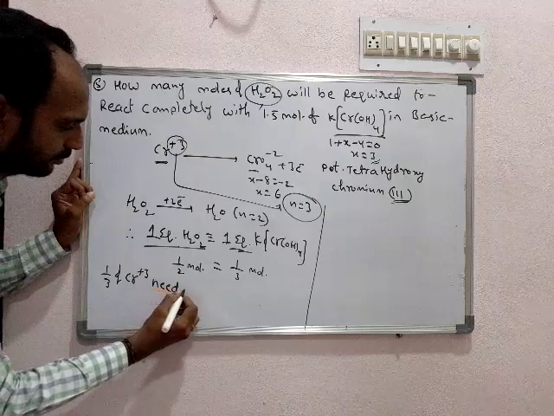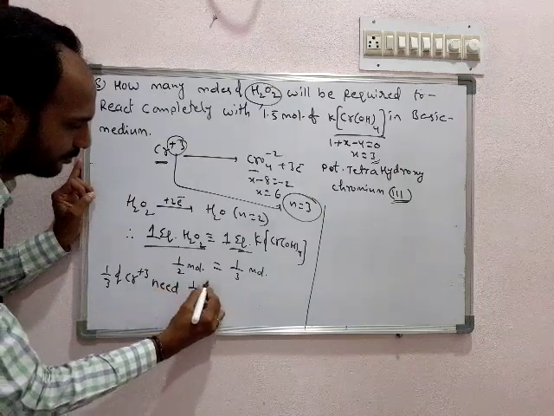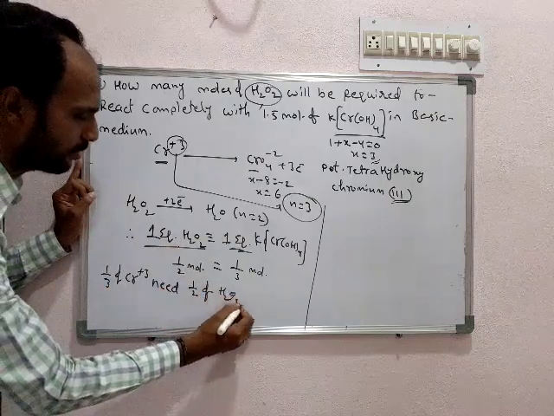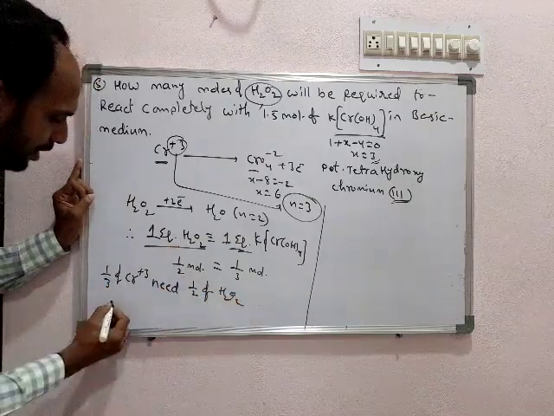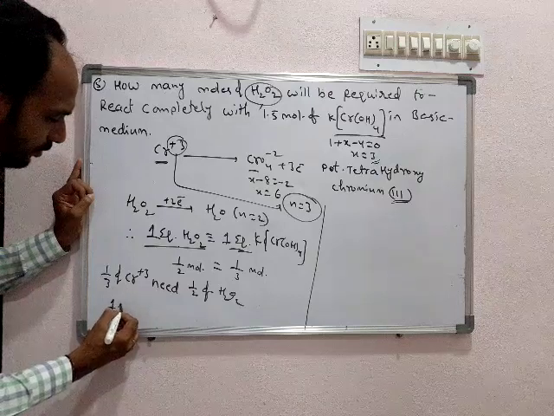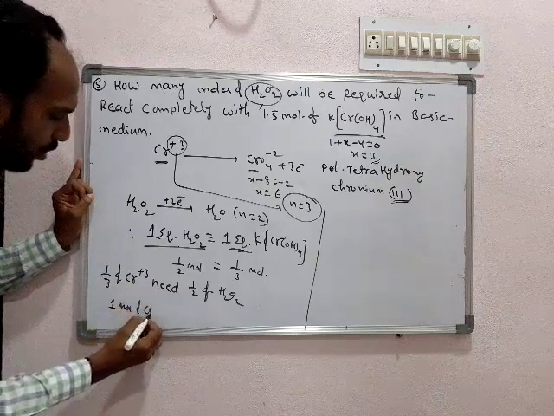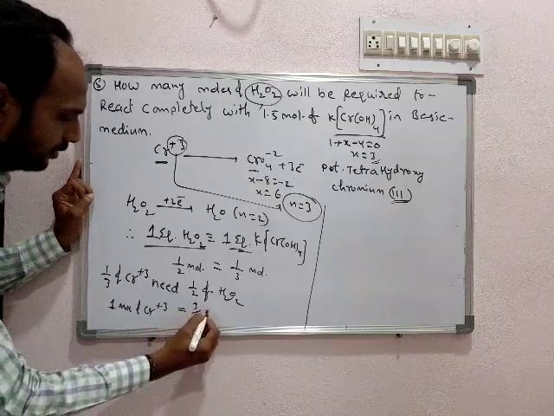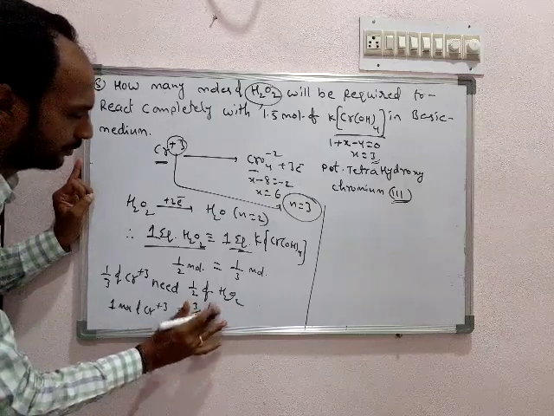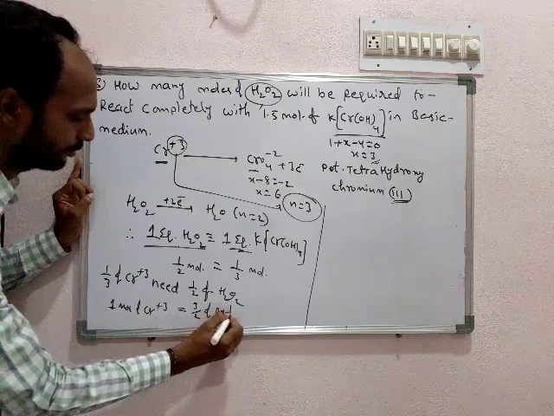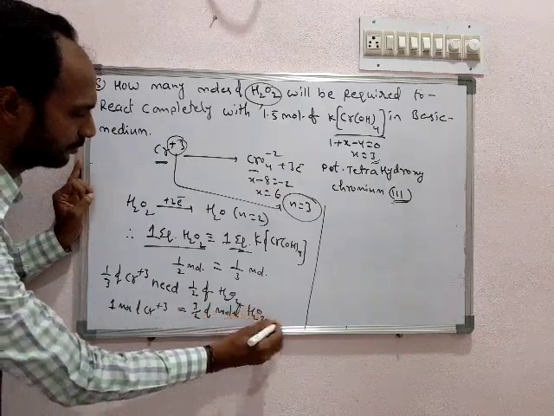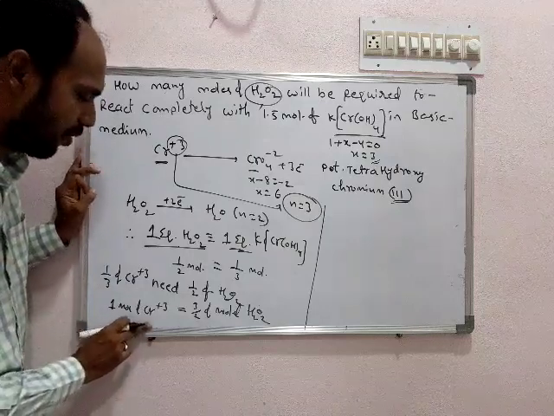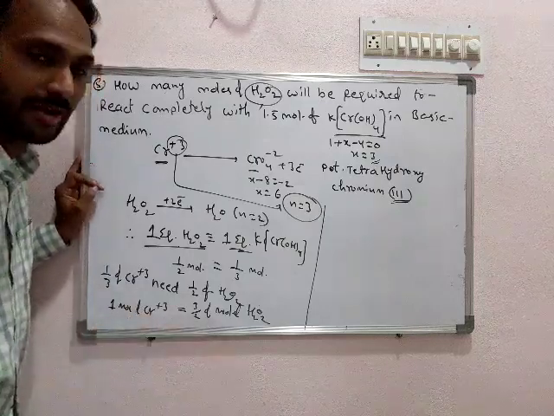We need 1 by 2 of hydrogen peroxide, nothing but 1 mole of chromium plus 3 needs 3 by 2 moles of hydrogen peroxide. So 1 mole requires 3 by 2 moles of hydrogen peroxide.